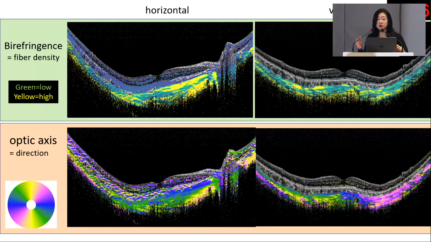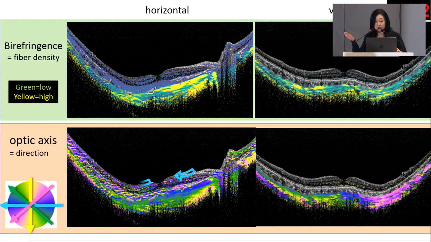Green shows low density, and yellow shows high density. In highly myopic eyes, a mixture of different densities is seen. The bottom figure shows the optic axis, which is the direction of fibers. The direction is color-coded: blue for horizontal, yellow for vertical, and pink-green for oblique.